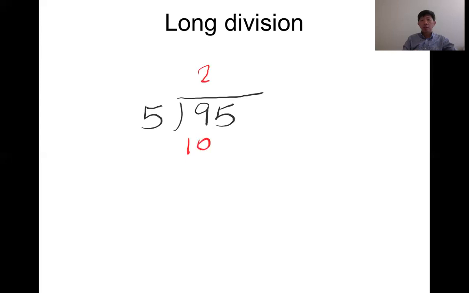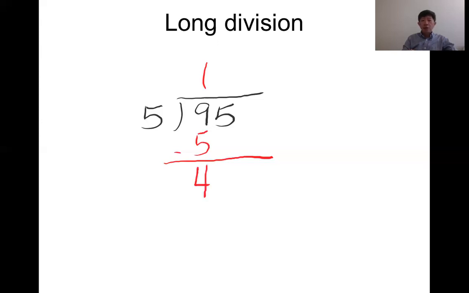It's 10, so 9 minus 10, no. So we start by finding a number whose times 5 is close to 9. 5 times 1 is close to 9 with a positive number. So that's 1, minus this. 9 minus 5, we get 4, right?